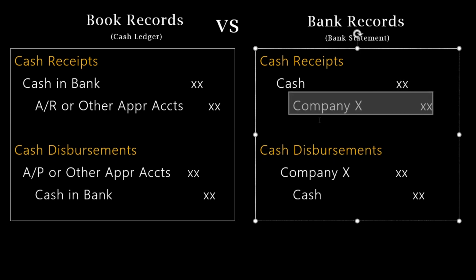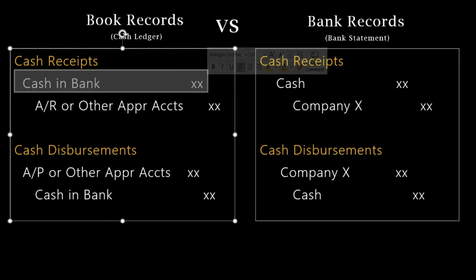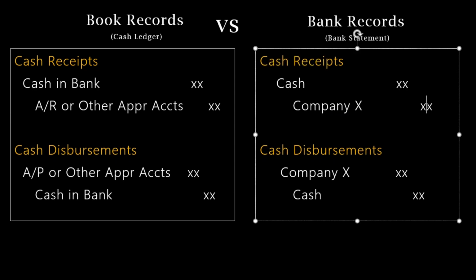Ito, yung Company X. So, dapat kung magkano ang balanse dito, dapat yun din ang balanse per bank statement. Kasi nga, kung ano yung mga ni-record mo as receipt dito, ni-report mo man doon as deposit. Kung ano yung mga check issuances mo dito, of course, ipapresent man yan for payment doon sa bangko.